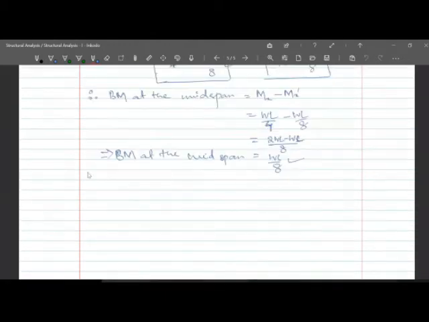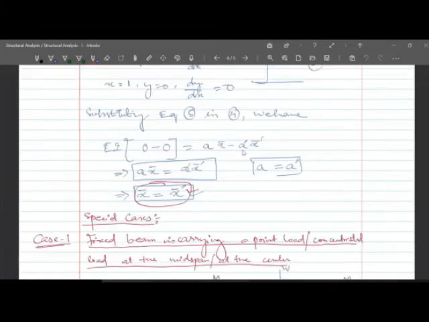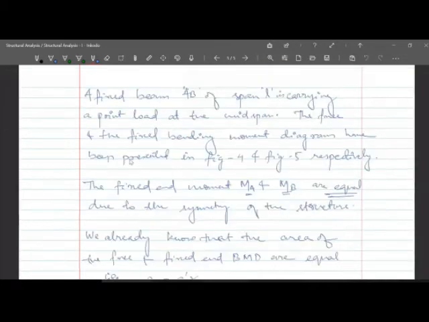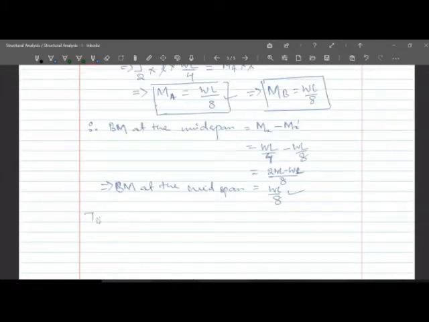If I take moment about A, this is A, this is B, then RB into L equals W into L by 2.